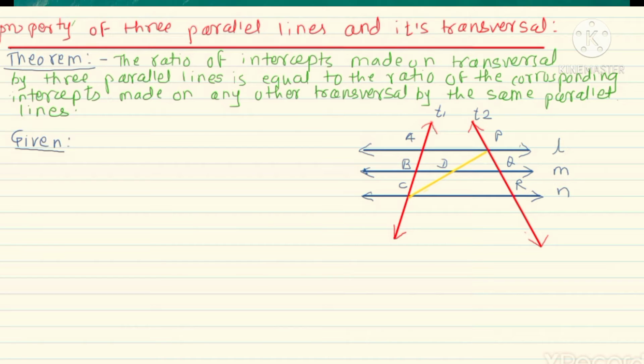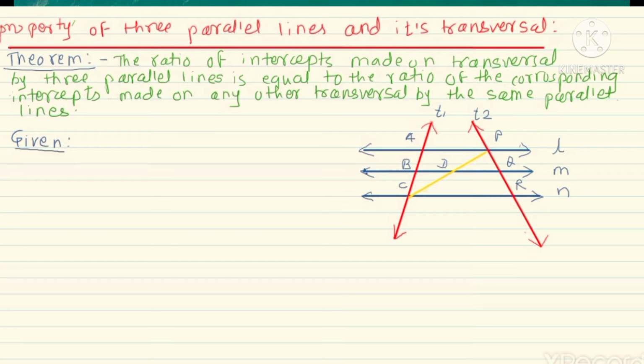If you take the ratio of intercept AB with intercept BC, then this ratio is equal to the ratio of intercept PQ and intercept QR. That is what we have to prove through this theorem.